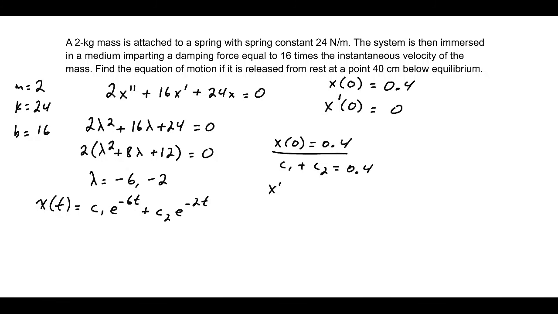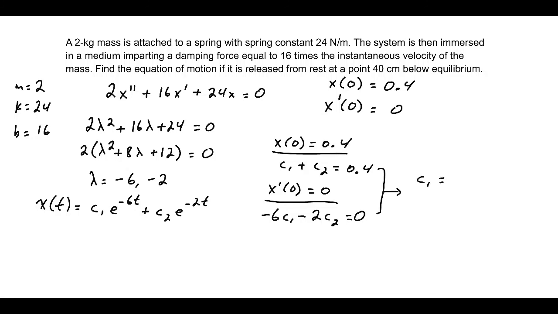And using the fact that x prime of 0 equals 0 tells me that -6 times c1 minus 2 times c2 equals 0. Combining these two equations together, using elimination or substitution or some other way of solving a system of equations, we see that c1 equals -0.2 and c sub 2 equals 0.6.